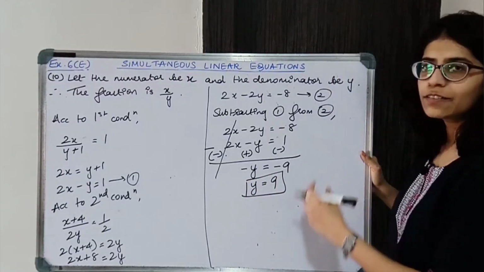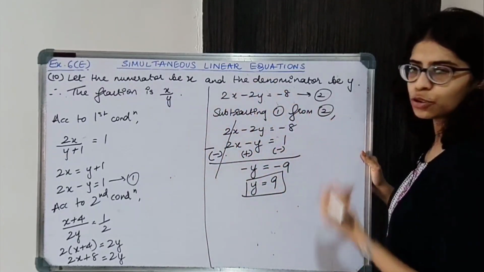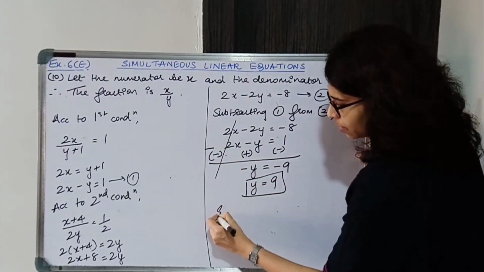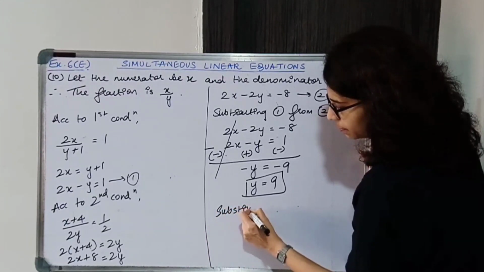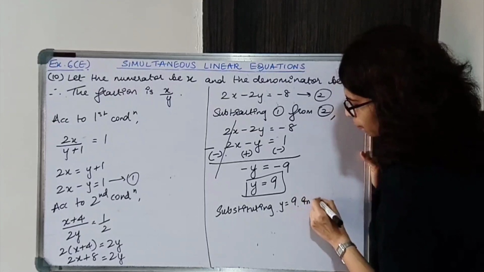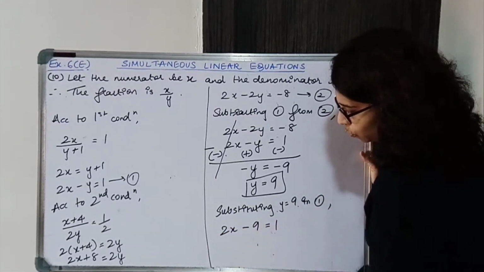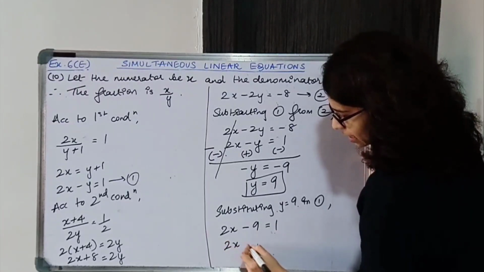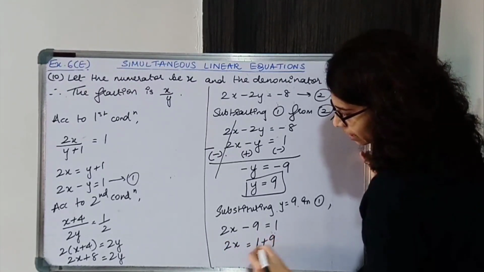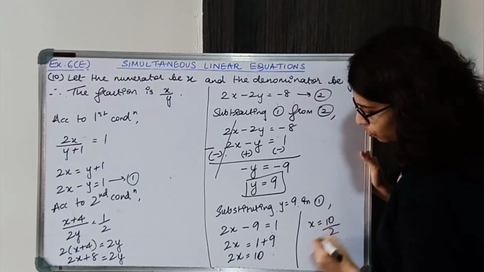Now we need to find the value of x, so substituting the value of y in either 1 or 2. I'll substitute it in 1. So substituting y equal to 9 in 1, so 2x minus 9 is equal to 1, so 2x is equal to 1 plus 9, so 2x is equal to 10, so x is equal to 10 upon 2, that is x is equal to 5.